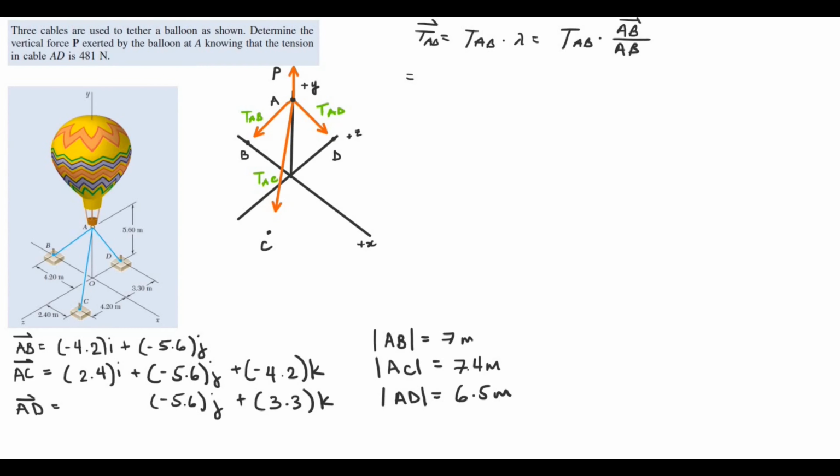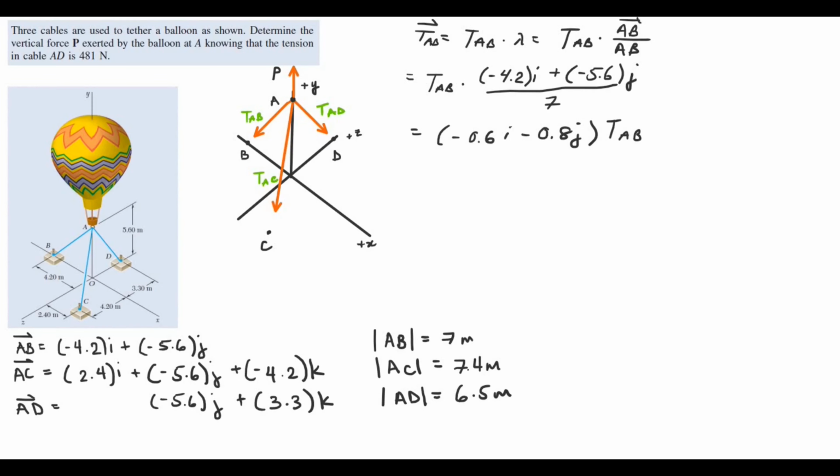This is equal to tension AB times the vector AB, which is minus 4.2i plus minus 5.6j, over the magnitude AB, which is 7 meters. Simplifying this, you get minus 0.6i minus 0.8j times tension AB.